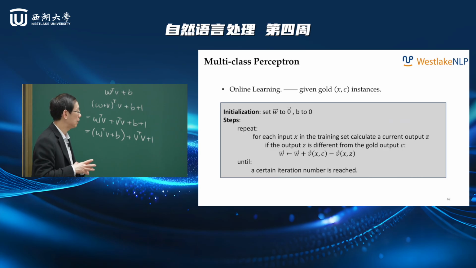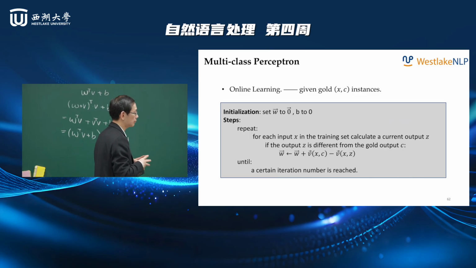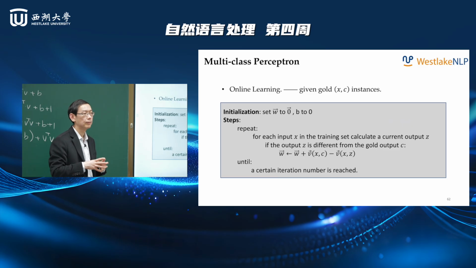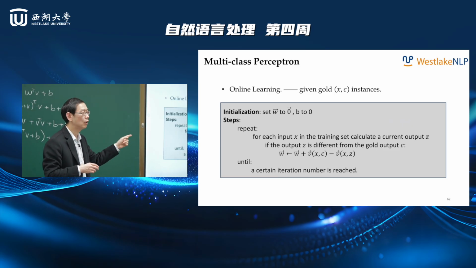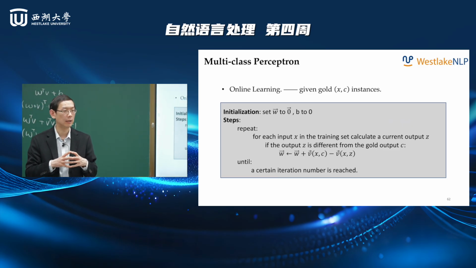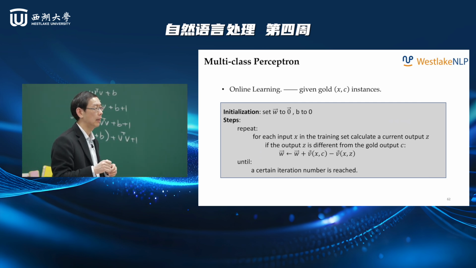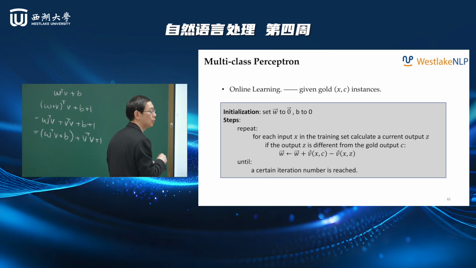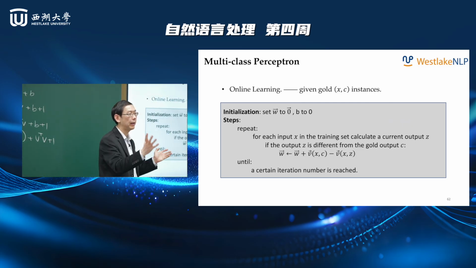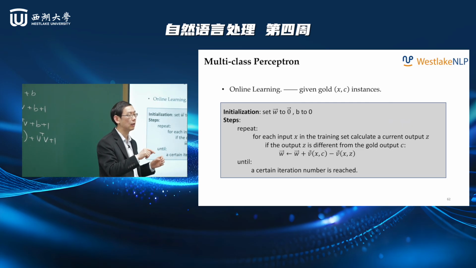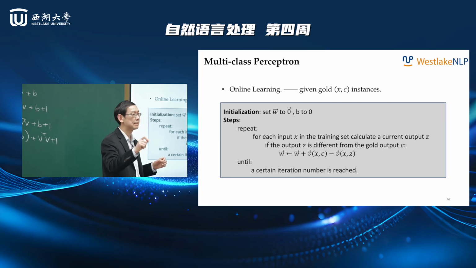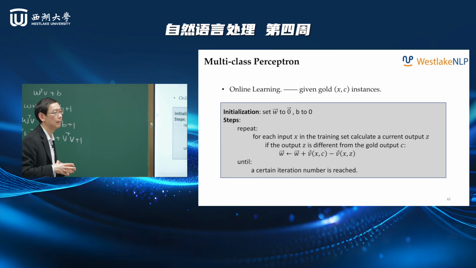So how do I update my model? I first find the output class. I call it Z. For the input Xi, I calculate my model output class label Zi, and I compare this Zi with the gold label Ci.